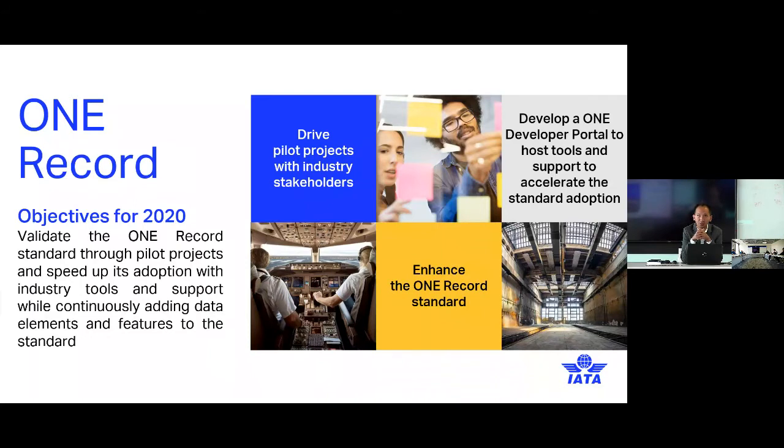We will also enhance the standard based on what has been initially developed, and improve it. And we developed, as we will see later, the One Record developer portal that will help to accelerate the standard adoption through different tools.